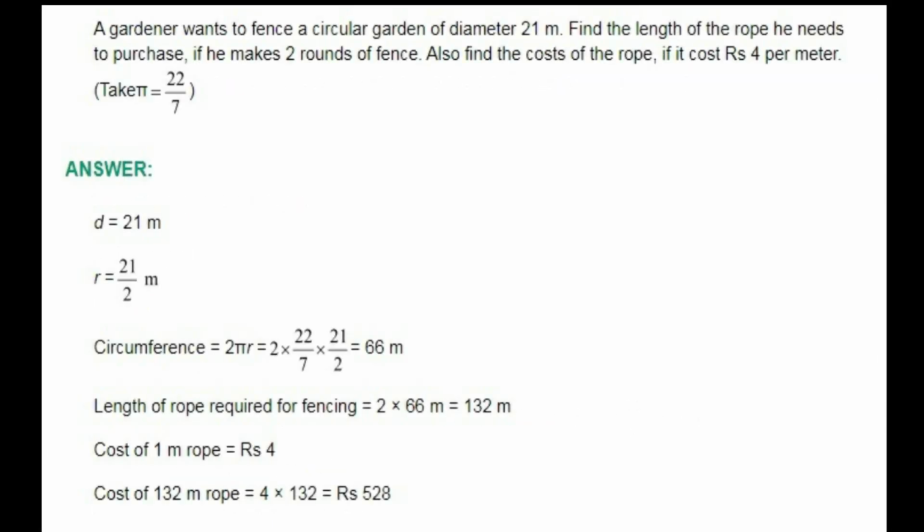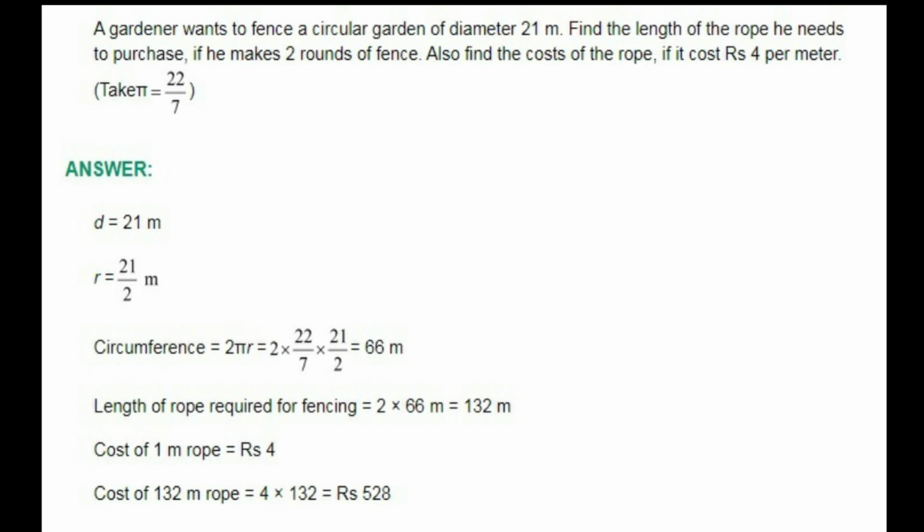So coming to our next sum, a gardener wants to fence a circular garden of diameter 21 meter. Find the length of the rope he needs to purchase if he makes 2 rounds of fence. Also find the cost of the rope if it costs rupees 4 per meter. So what they are telling you is that a gardener wants to fence a garden which is in the shape of a circle, and the diameter is given as 21 meter.